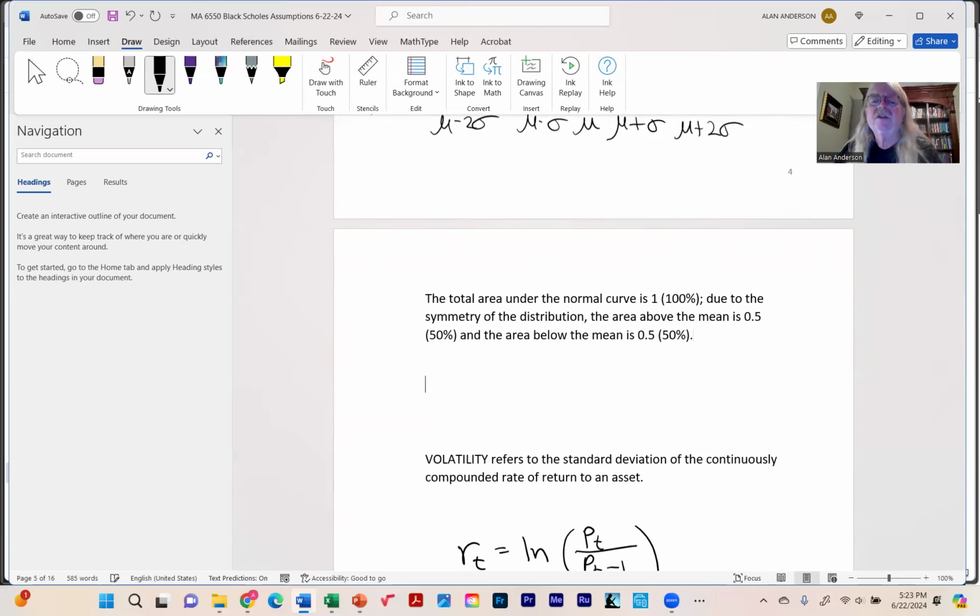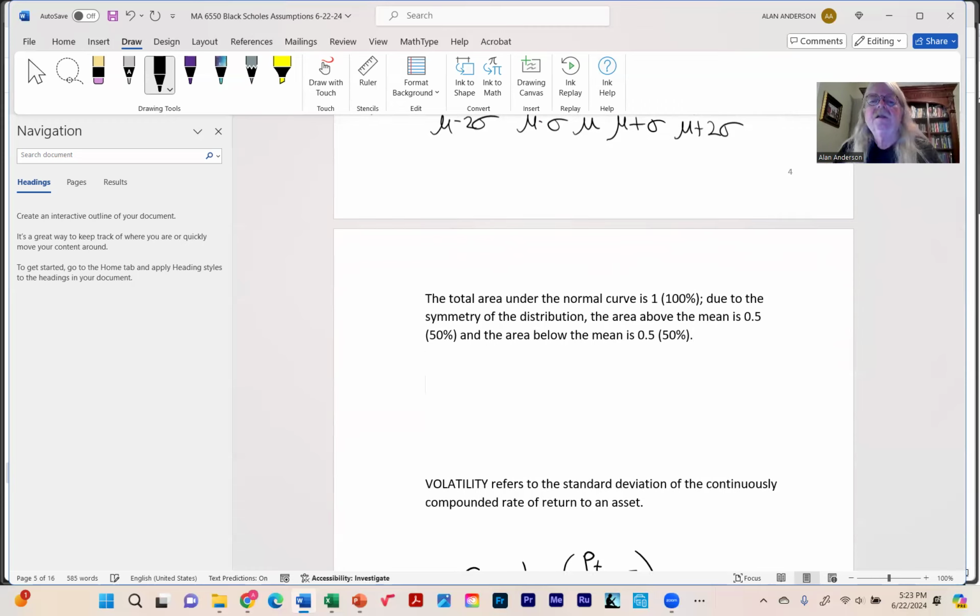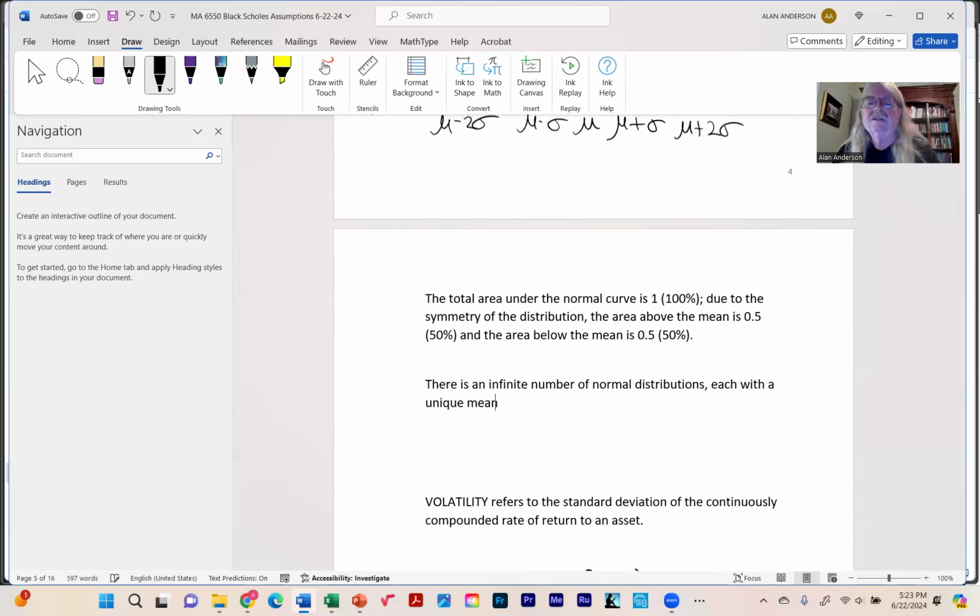One more thing I want to mention is that there is an infinite number of normal distributions, each with a unique mean and standard deviation.